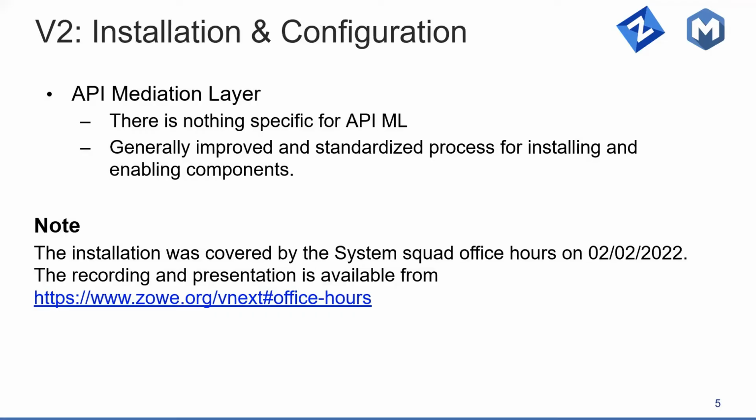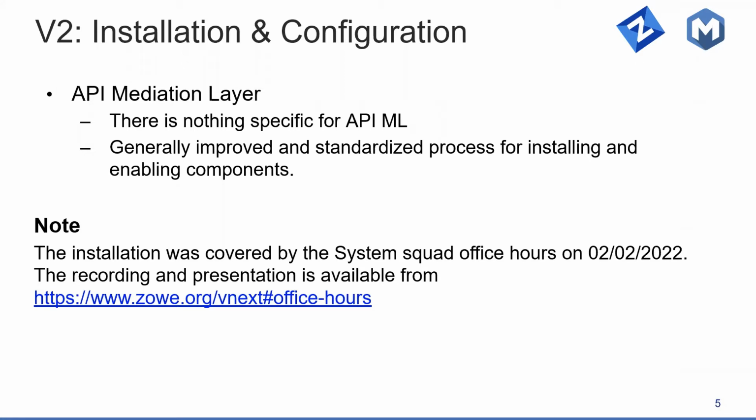Let's go to the installation and configuration. As for the installation, most of it was already covered by the system squad in the office hours that happened 2 months ago. The recording and presentation is available from the office hours. As for the API mediation layer, there are no specifics that differentiate from this process.